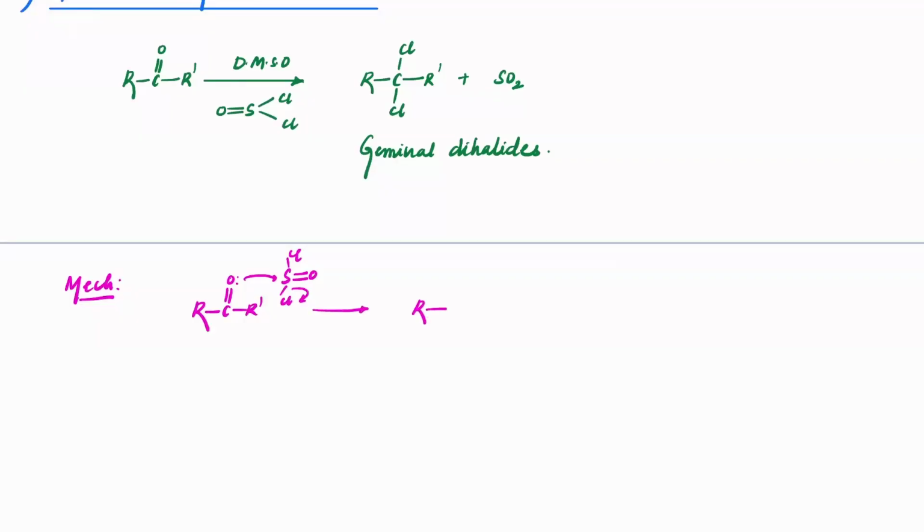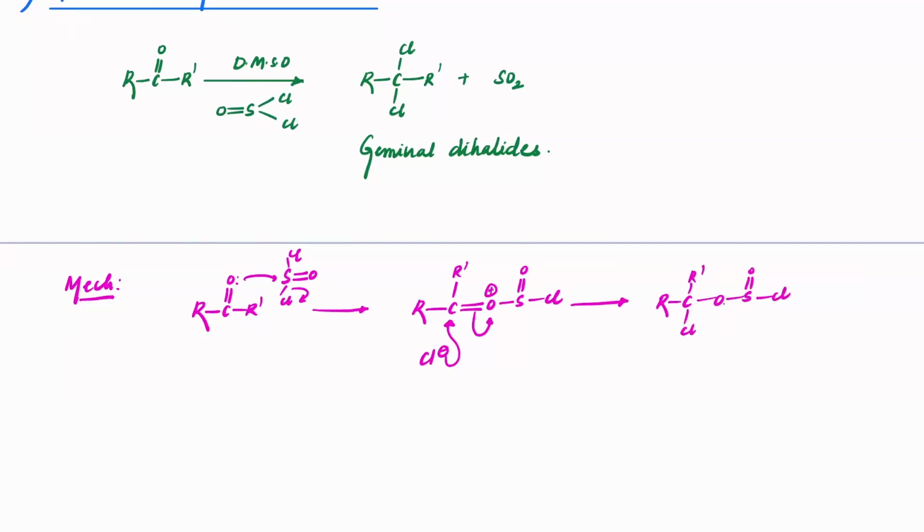So we will have R, C, R dash, double bond O with S, double bond O, Cl plus and Cl minus released. This Cl minus will add to the carbon, and one chlorine will come at this position.